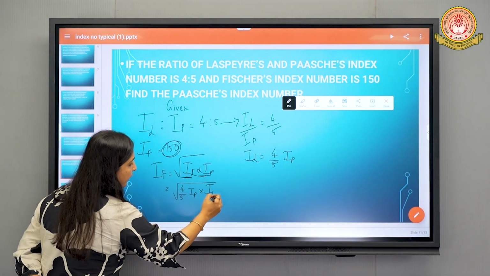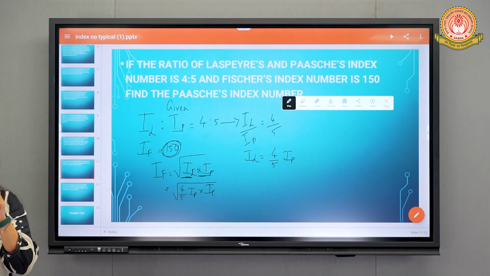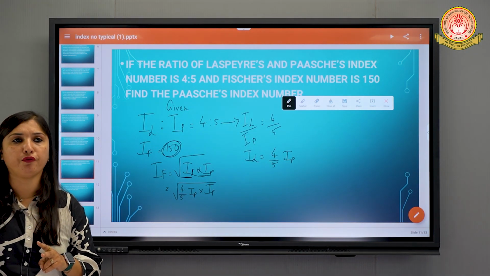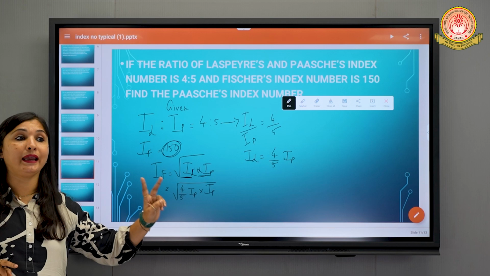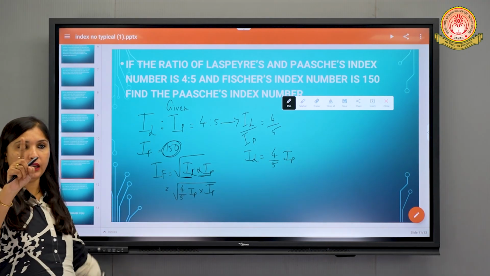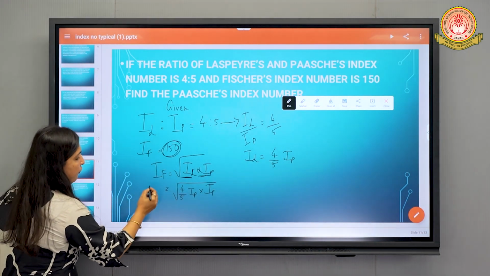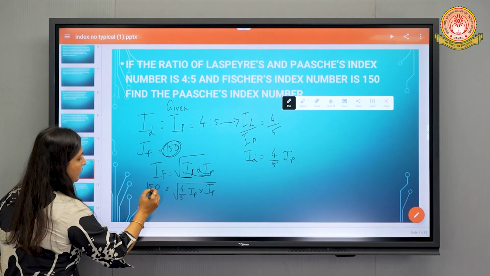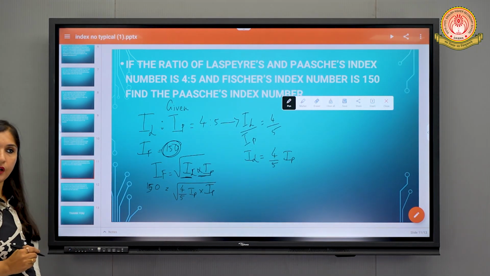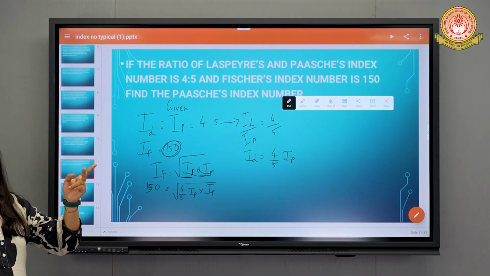Now see, we were having first two unknown figures. Now I have converted IL into IP, so we have only one unknown figure. And IF was already given to you as 150. Is it clear?